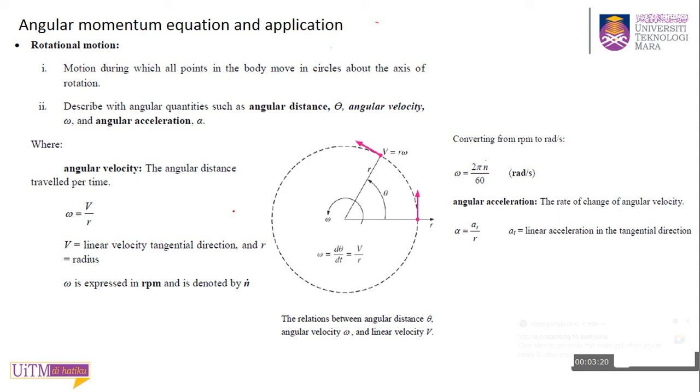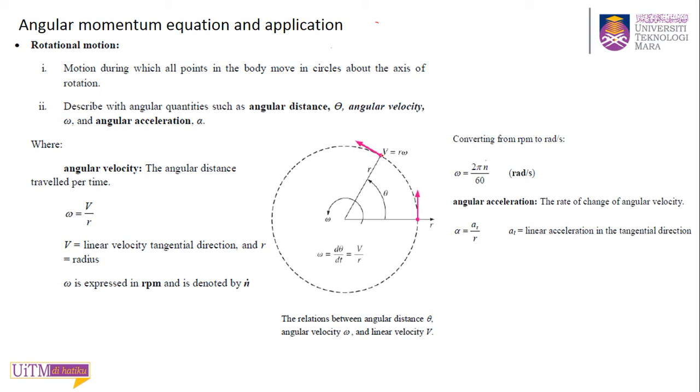If you look at this circle diagram, where your object is moving along this circle, it rotates, and this will create angular velocity, angular acceleration, and angular momentum. To find your angular velocity, W is equal to V, the linear velocity.